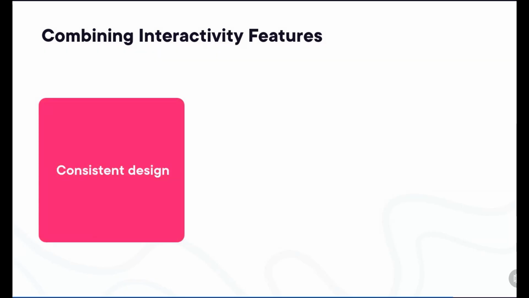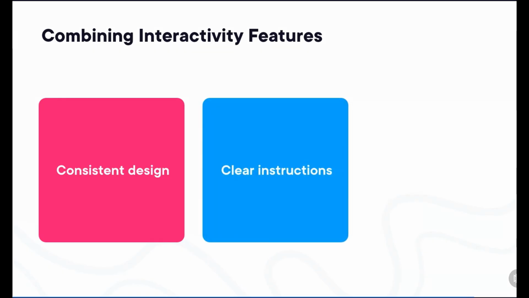Combining slicers and filters can create a highly interactive and user-friendly Power BI report. Here are some tips for effectively combining these features. Consistent design. Maintain a consistent design and layout for all interactive elements to provide a cohesive user experience. Clear instructions.